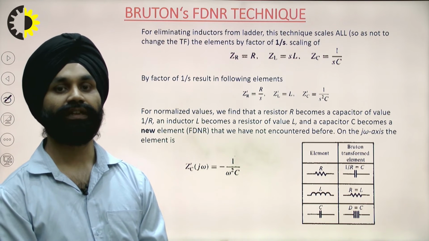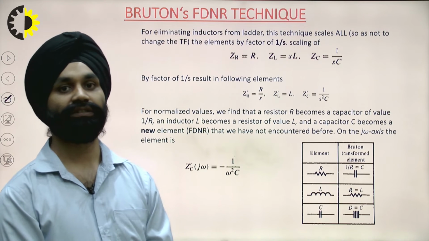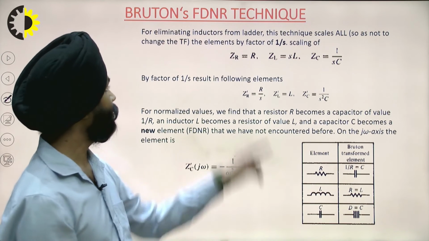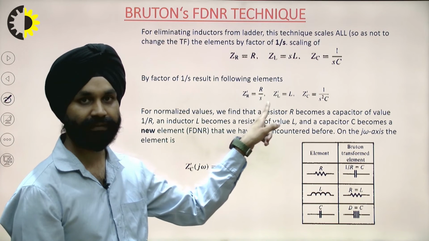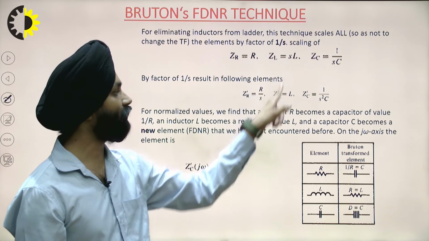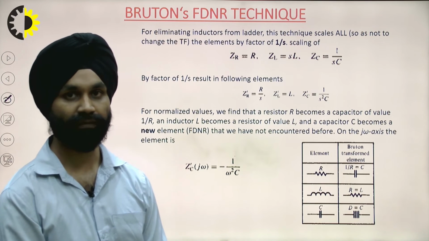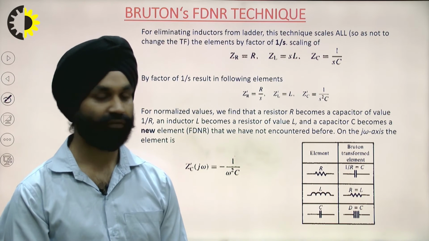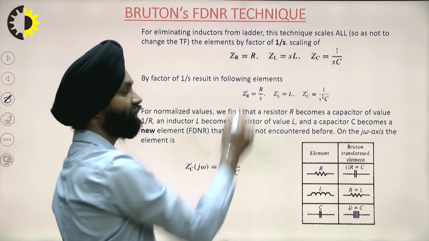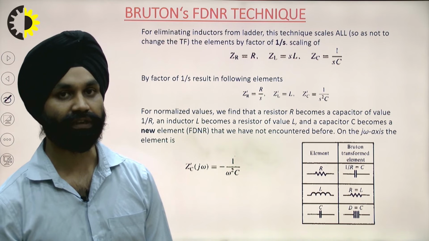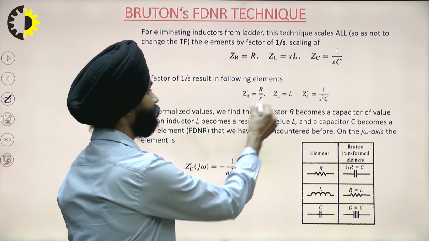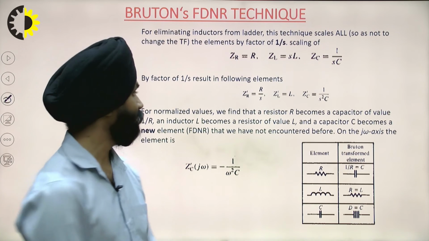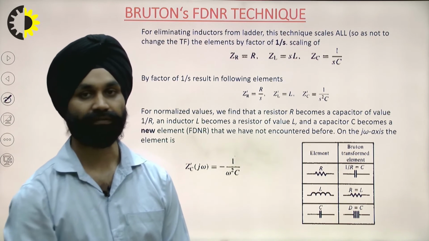Now, if we normalize all these components by S, if we divide by S, then R will be R by S, S will be cancelled out so it will be L only, and C will be 1 by S square C. Now see, this resistor which was equal to R will be acting as some capacitive circuit, 1 by R, 1 by S. That means this is behaving as capacitor.